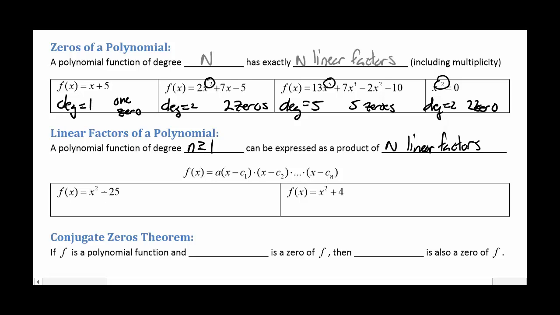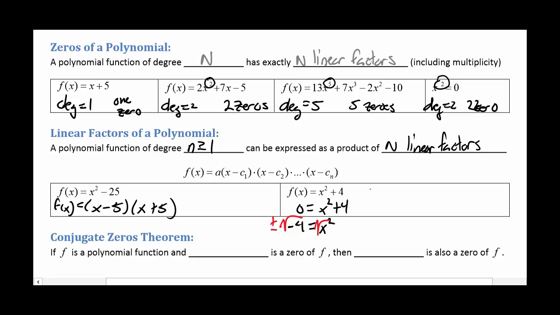Here we've got x squared minus 25. That's a difference of 2 squares, so x minus 5 and x plus 5 would be our linear factors of that polynomial. Over here we have x squared plus 4. Now it's not factorable, but I can solve for 0 for a second. If I bring the 4 over, we can take the square root of both sides, which gives us plus or minus.